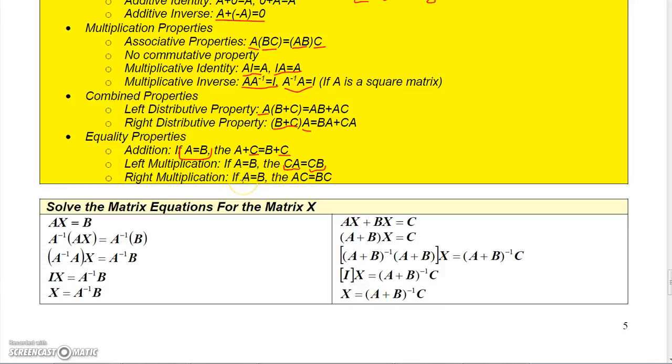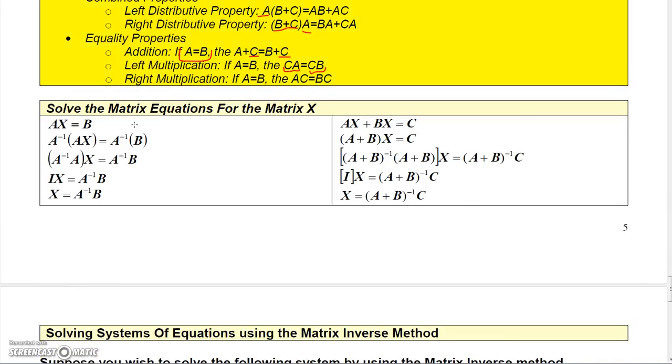You can also multiply on the right, so if A equals B, then AC equals BC. You couldn't multiply on the left on one side and on the right on the other side. So you couldn't say that AC equals CB, because again multiplication is not commutative.